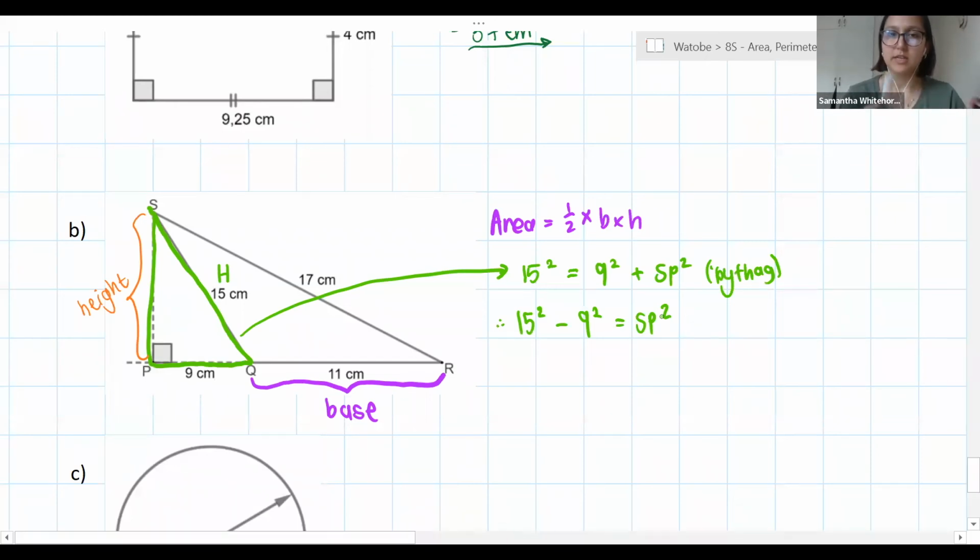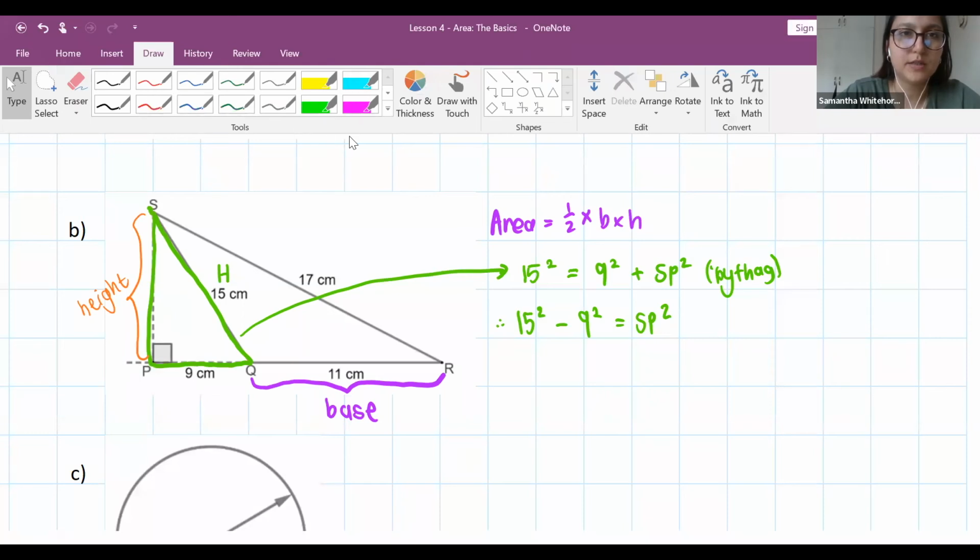Once you have an answer, you can let us know. Remember, you can either put it in the chat or you can raise your hand. I can already see lots of hands, but I'm going to give everyone a chance to get there. Remember your units.